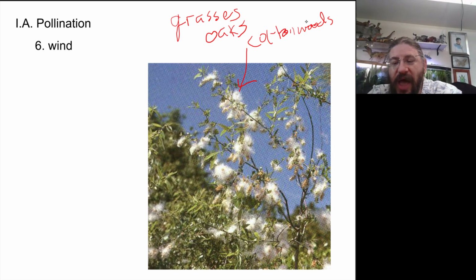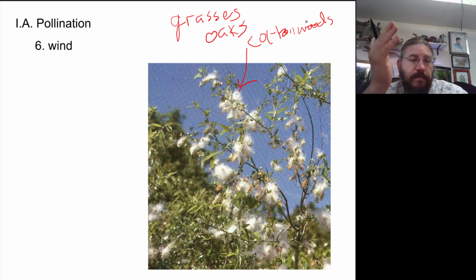You know that from the cottony puffs, the fluff balls. So, wind-pollinated angiosperms are still common. 35% of angiosperms don't have an animal pollinator.